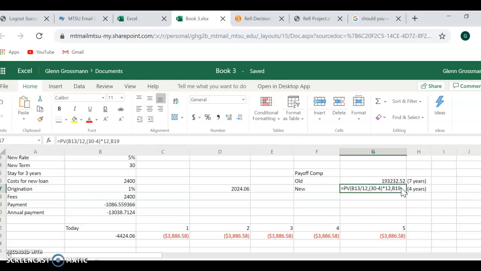Oh, and I forgot to close the parentheses. There we go.